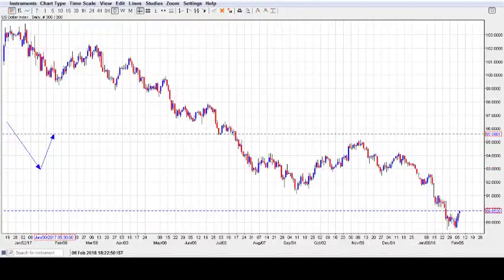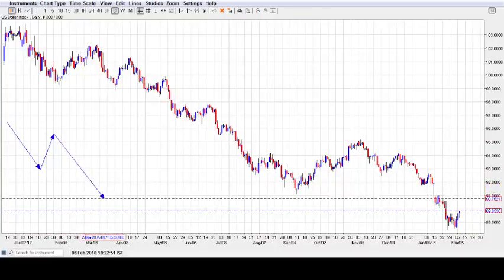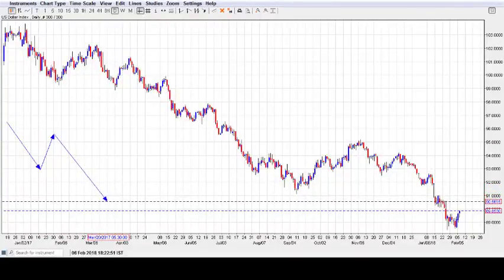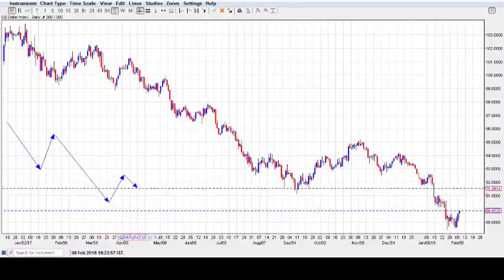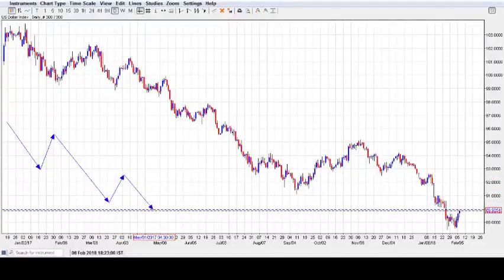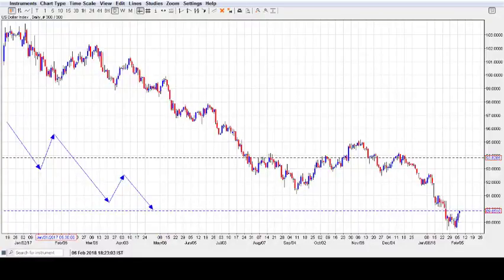This is an impulse wave. Primarily, it is called a motive wave, and there are two types of motive waves. One is an impulse, the second one is a diagonal, right?